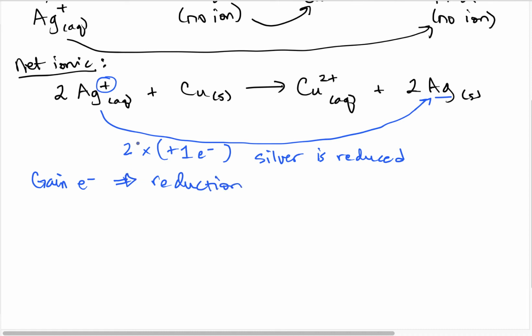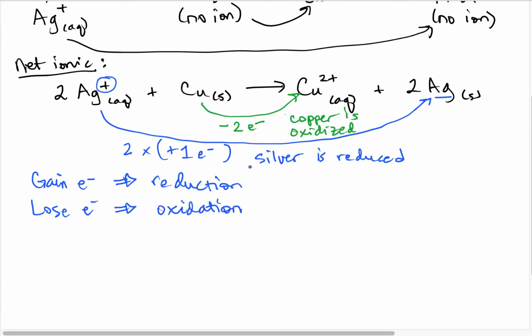We can see this because our ion charge is going to be less positive if we gain electrons. When copper goes to copper 2+, it loses 2 electrons, and we would say that copper is oxidized. When we lose electrons, we call this oxidation.